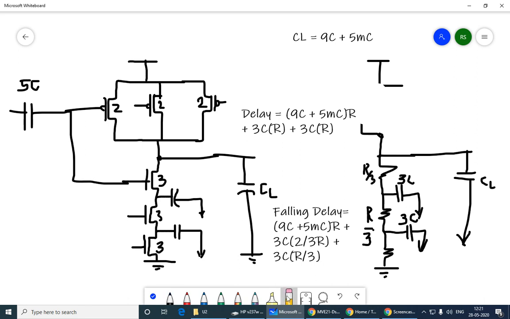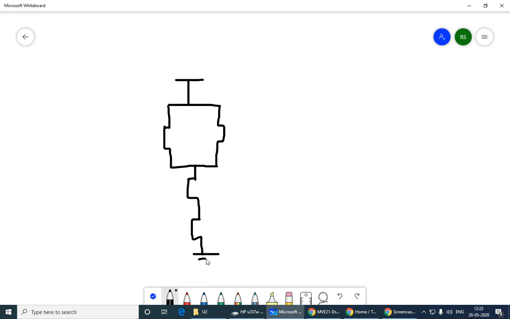So let us first draw a two input NAND gate, and then we will calculate the logical effort.